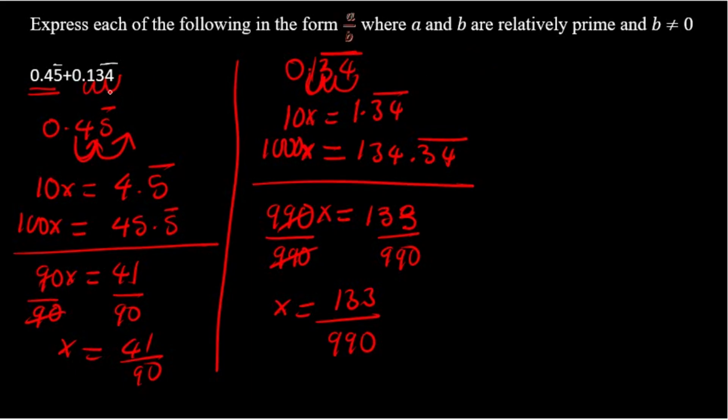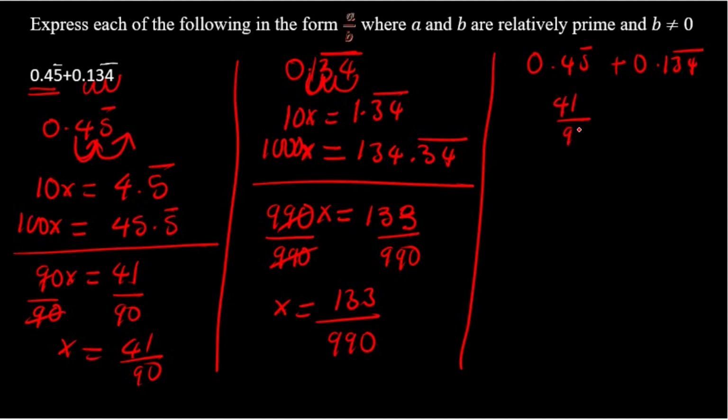So from here, you have seen that they have added 0.45 repeating plus 0.34 repeating. After expressing this into fractions, we had 41 over 90 plus this side is 133 over 990.